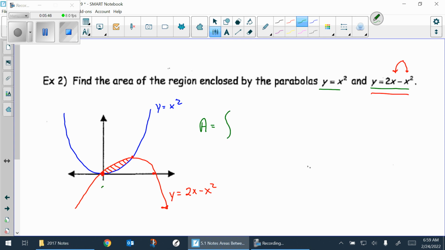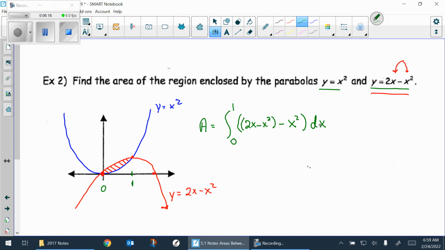And this started when x was 0. We found they intersected again when x was 1. So the x's start at 0 and end at 1. And then we have to take the big function, which is this 2x minus x squared, minus the little function, dx.